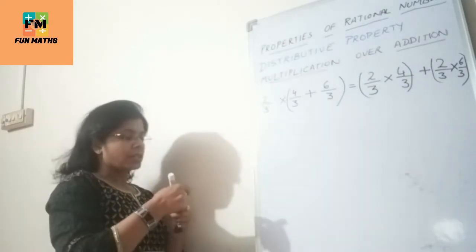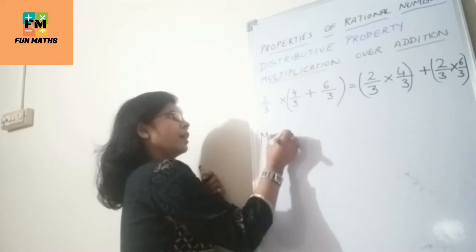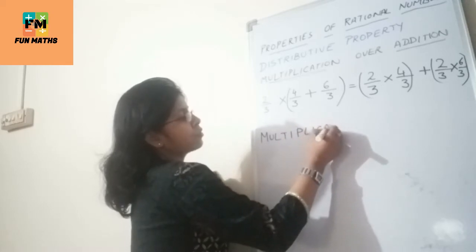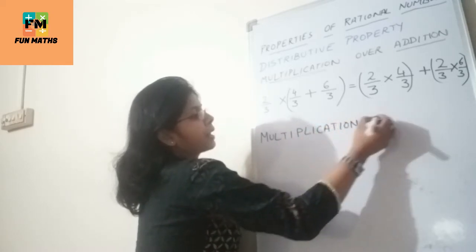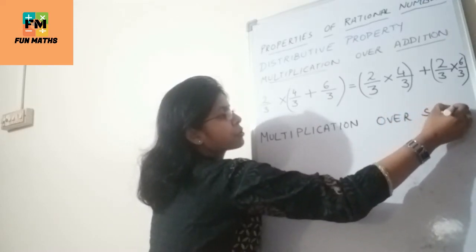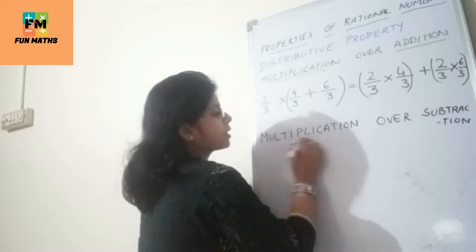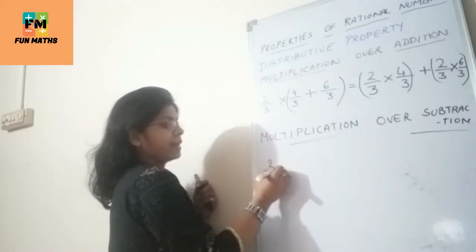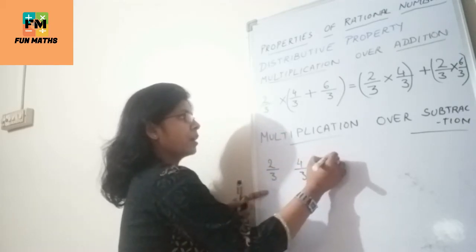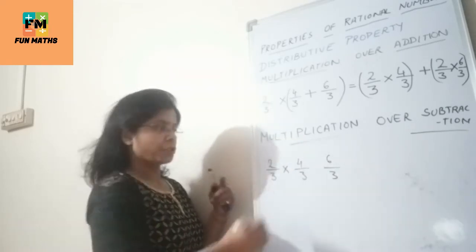Right. So next, let's understand the next property under distributive, in which we are going to distribute multiplication over subtraction. Same thing. Let's take three rational numbers, 2 by 3, 4 by 3 and 6 by 3. Now first we will put the multiplication symbol.